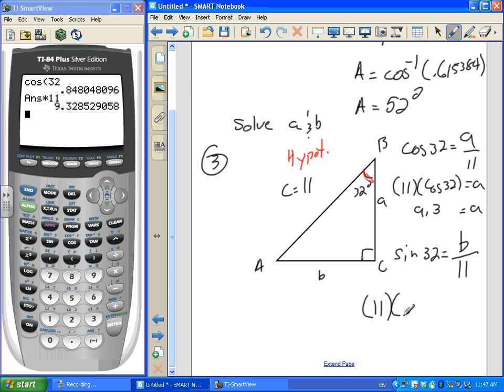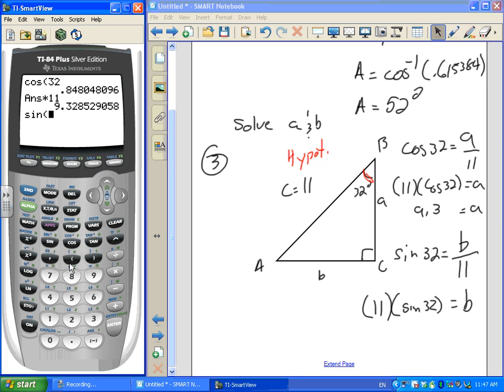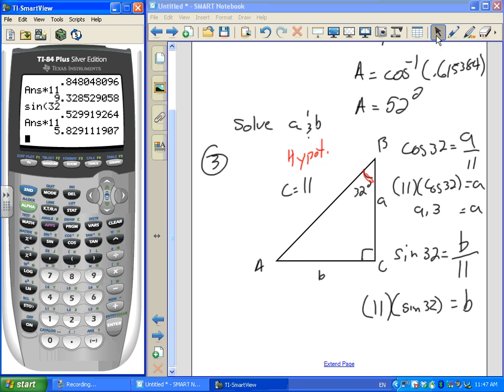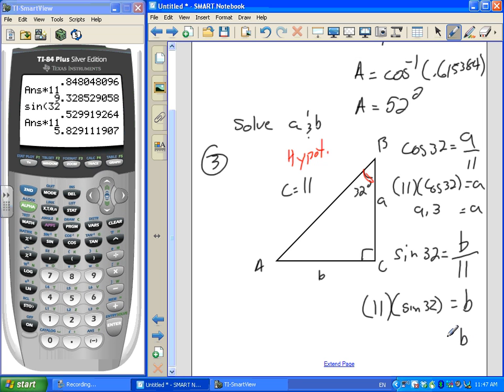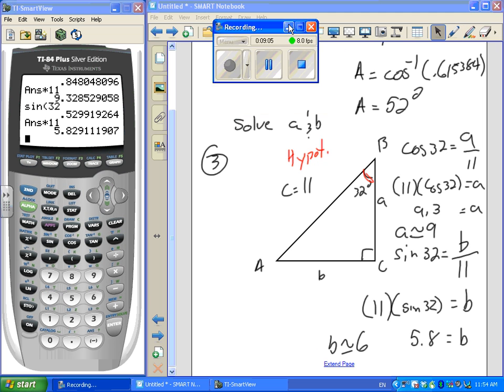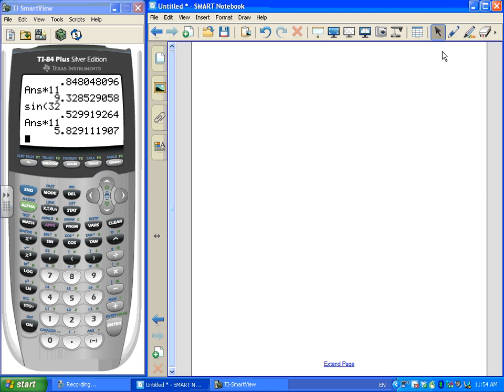Bring the 11 to the other side, multiply by sine 32 equals B. Sine 32 times 11. Side B is 5.8. If you rounded and you put A was approximately 9 or B was approximately 6, I still probably gave you the answer. Okay? Question 4.